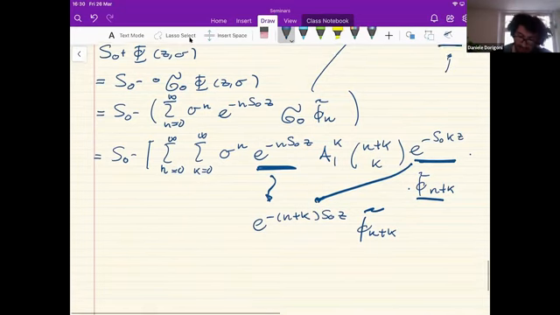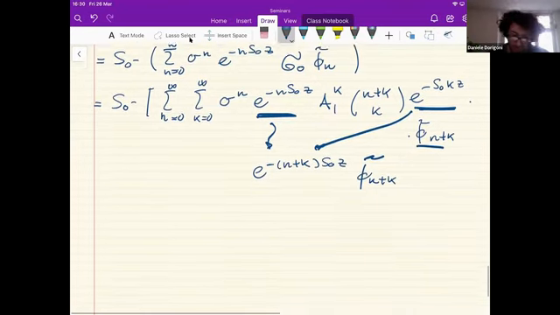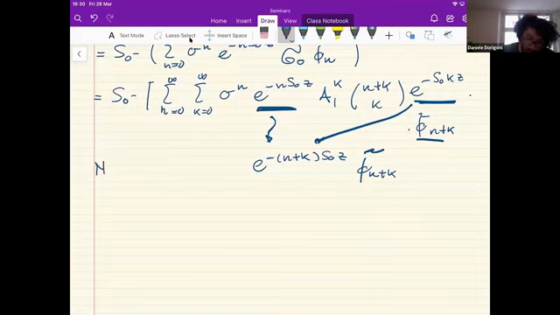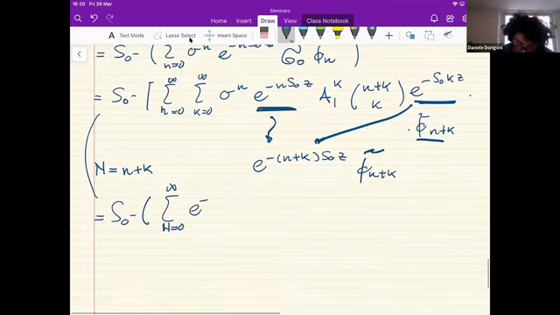The rest, it's very simple to see that you have sigma to the n, A1 to the k, and some combinatorial factor. That is nothing but a binomial expansion. So let me define capital N to be little n plus little k. I can rewrite this expression as S0 minus the sum over capital N, e to the minus N S0 z, phi N tilde.